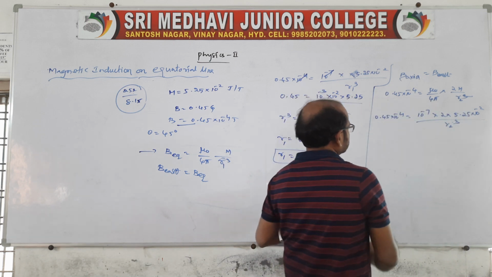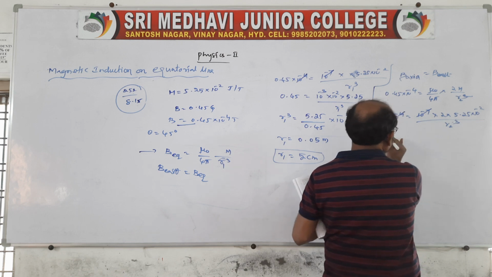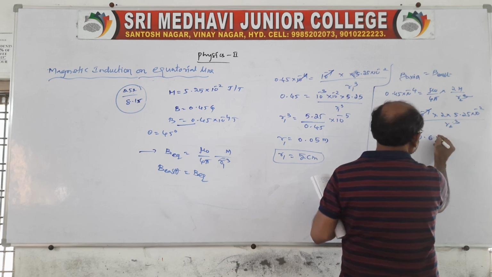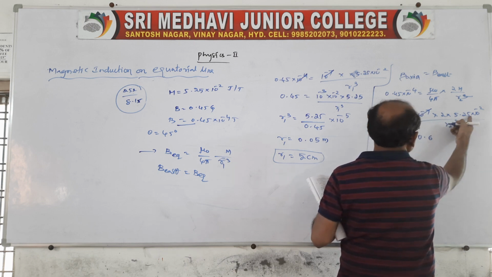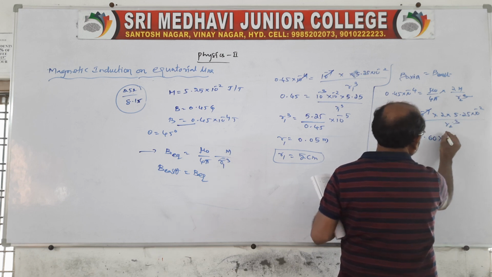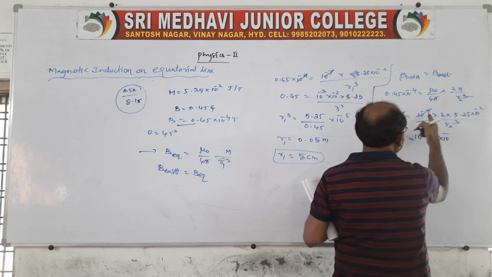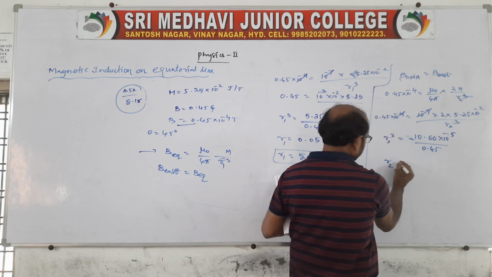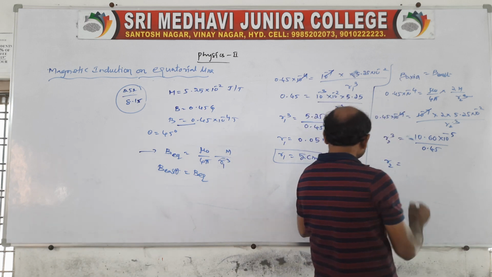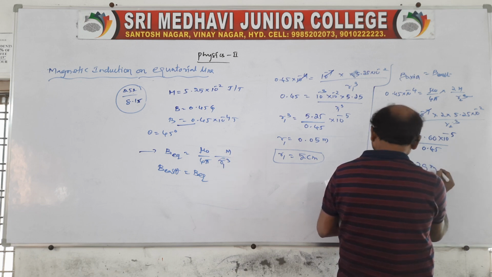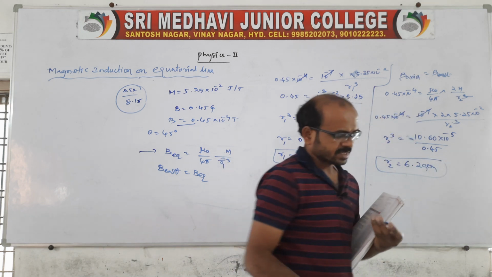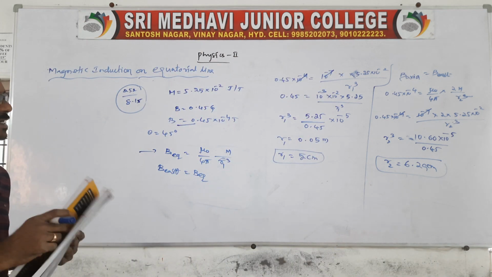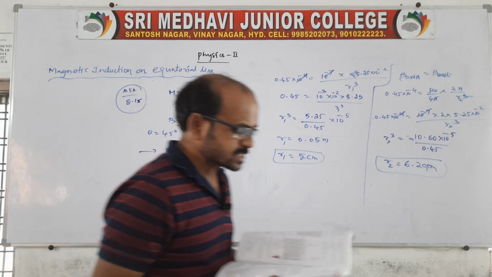Similar terms are cancelled, so 10 power minus 4, 10 power minus 3, R2 cube is equal to 2 into 10.6, 4 will cancel, left only 3, and 10 power minus 3 by 0.45. If you simplify, R2 is approximately 6.29 centimeters. So like this, the question is related to both axial and equatorial lines. So you go through these questions, right?